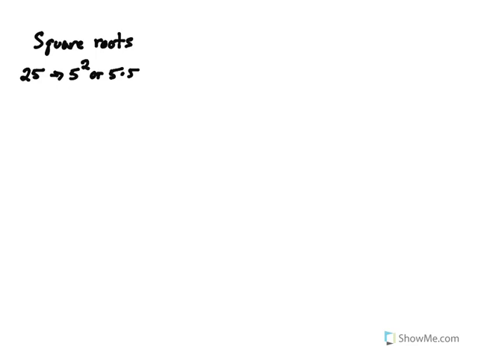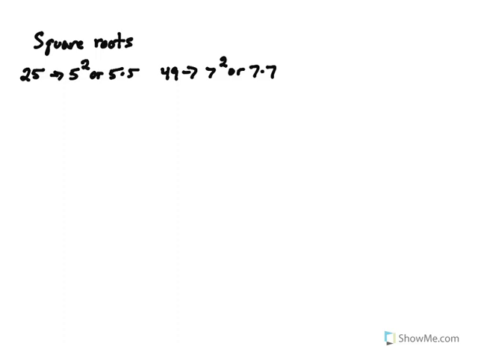Okay, so what we have is 49. Look at 49. And 49 is a perfect square because we have 7 squared, or 7 times 7.